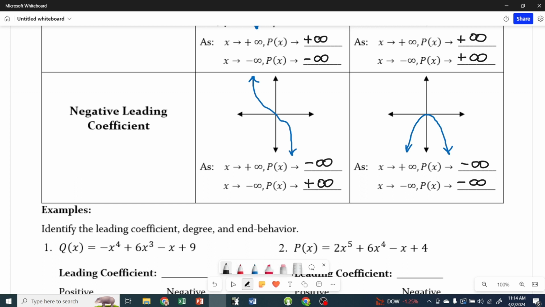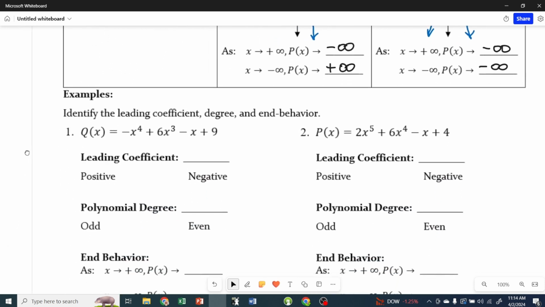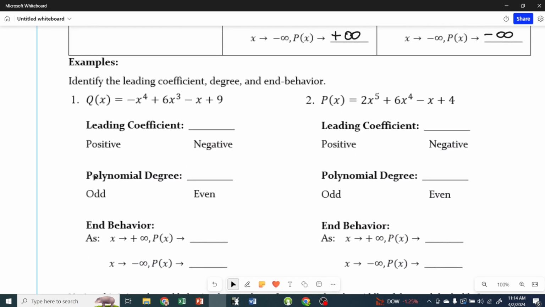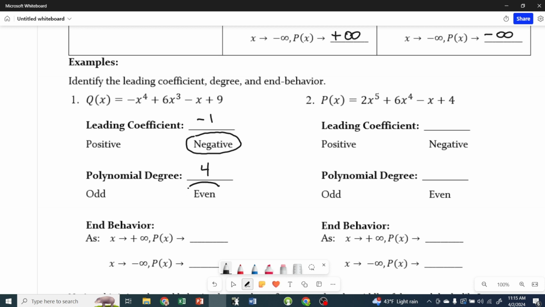So now we can take a look at some further examples. Okay, so we can look at the lead coefficient here, and it's -1. So I'll write -1, and this makes it a negative coefficient. The degree of the polynomial is 4, which makes it even.